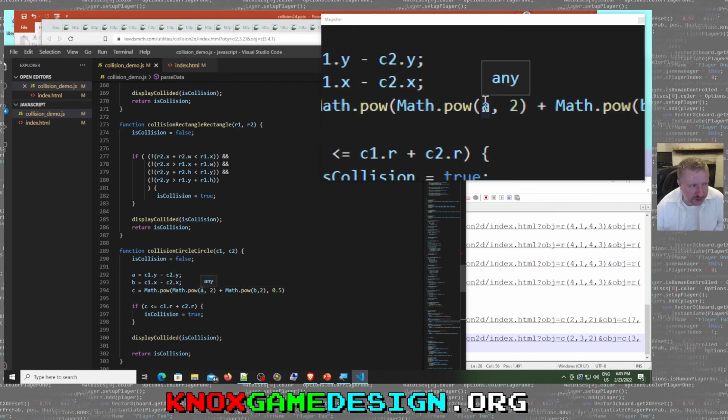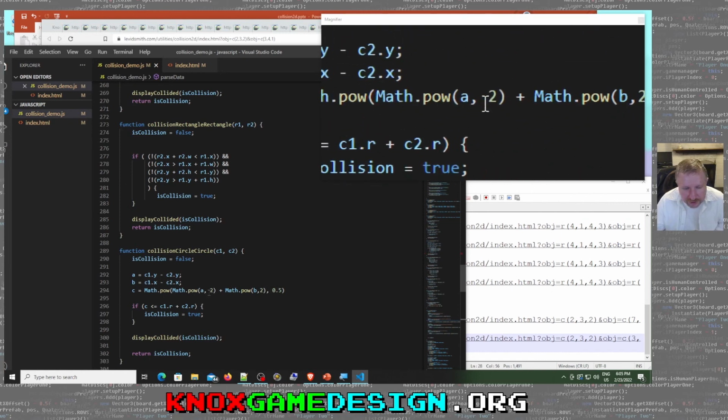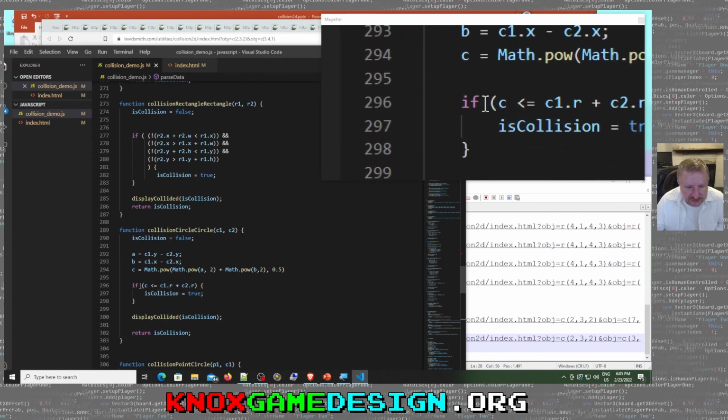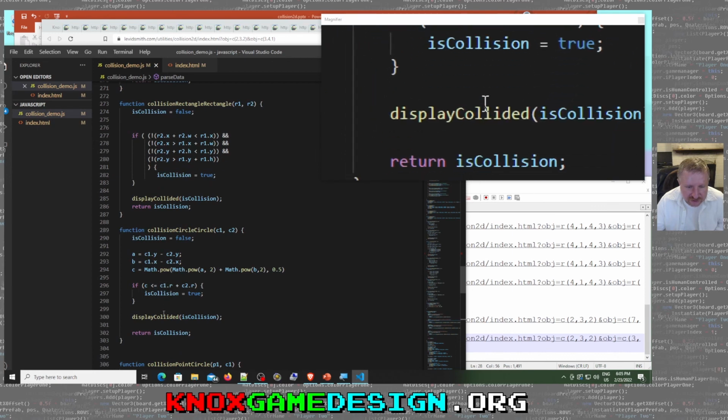C# automatically handles the decimals or the real numbers there. In other languages, watch out, because it may convert everything to integers if you're not careful. So then we check to see if our C value is less than the sum of the two radiuses right there.